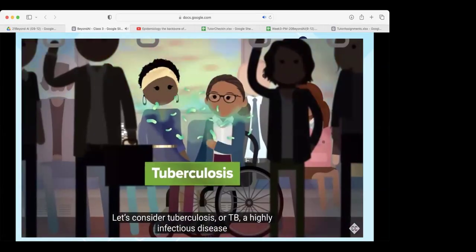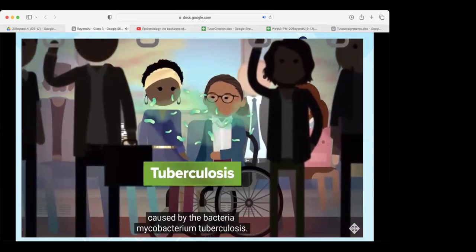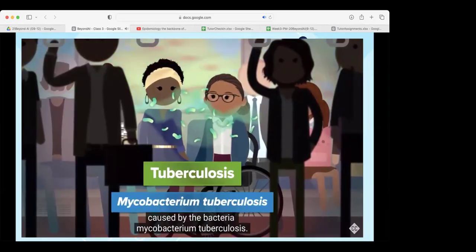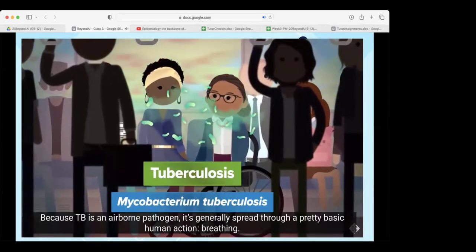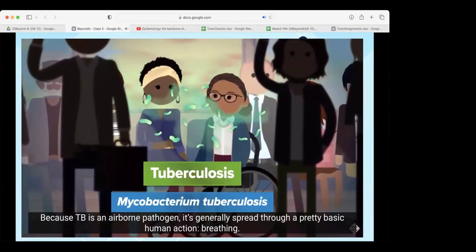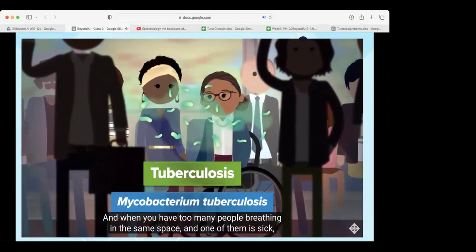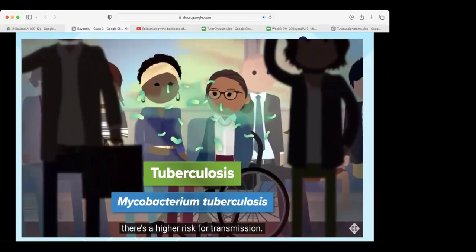Let's consider tuberculosis, or TB, a highly infectious disease caused by the bacteria Mycobacterium tuberculosis. Because TB is an airborne pathogen, it's generally spread through a pretty basic human action, breathing. And when you have too many people breathing in the same space and one of them is sick, there's a higher risk for transmission.